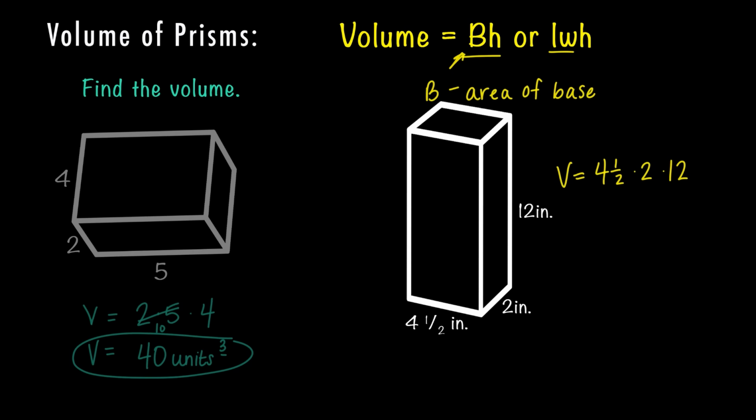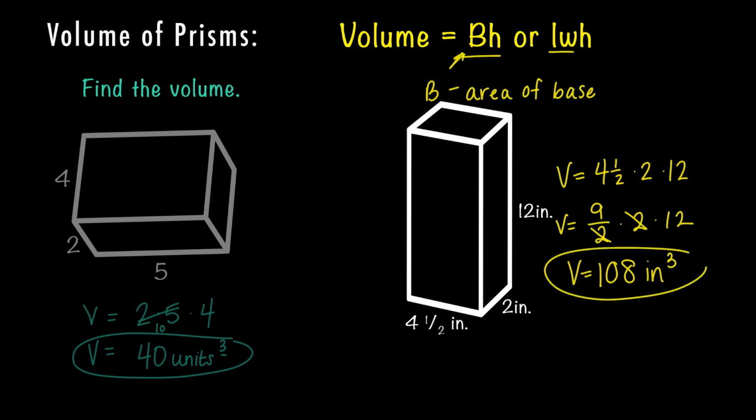You can turn this into an improper fraction, so that's going to be 4 times 2 is 8, plus 1 is 9 halves, times 2 times 12. I can go ahead and reduce, so divided by 2 and times 2 are going to cancel each other out. Therefore, the volume of this rectangular prism is 9 times 12, and 9 times 12 is 108 inches cubed.